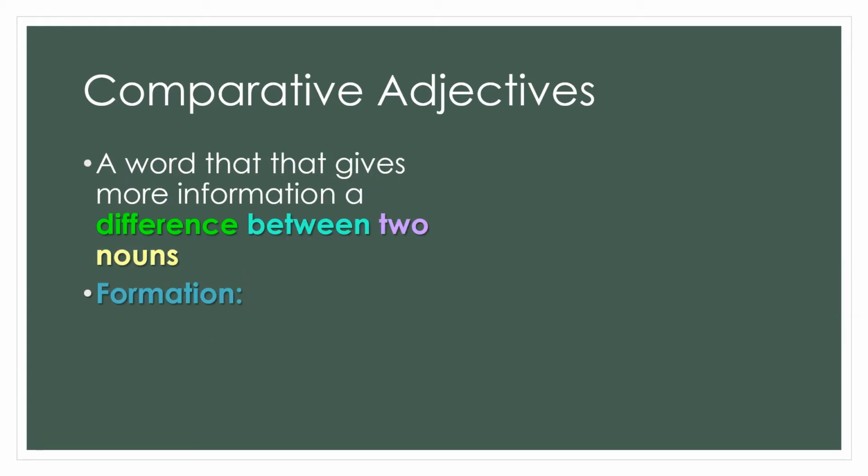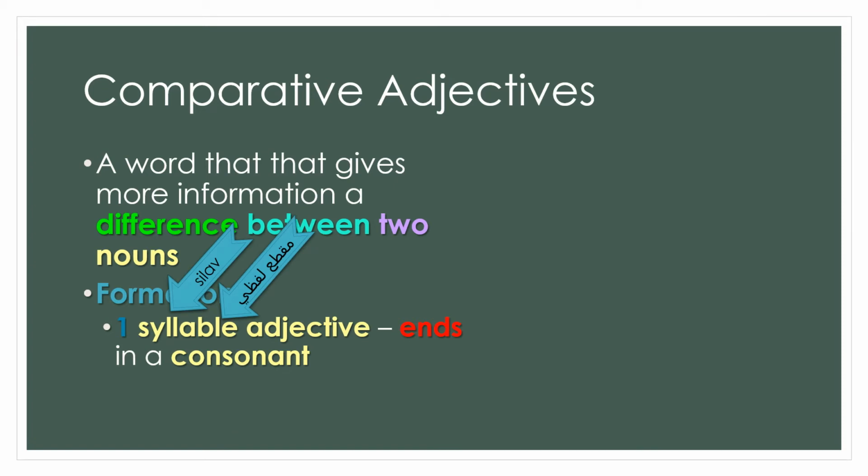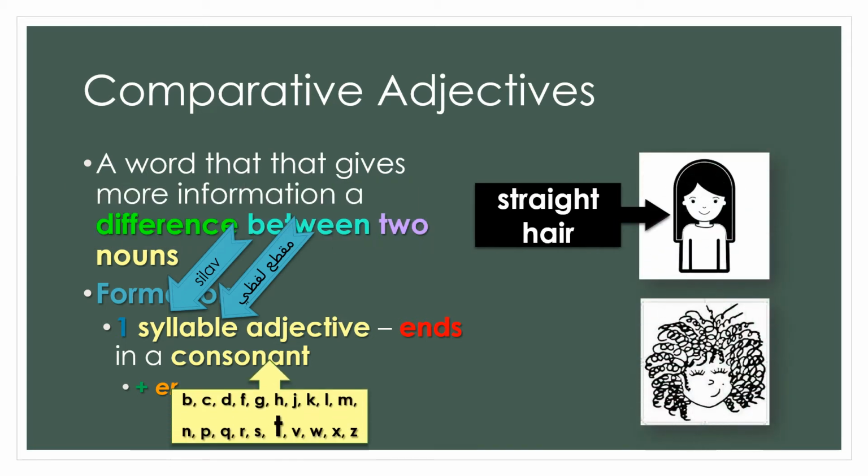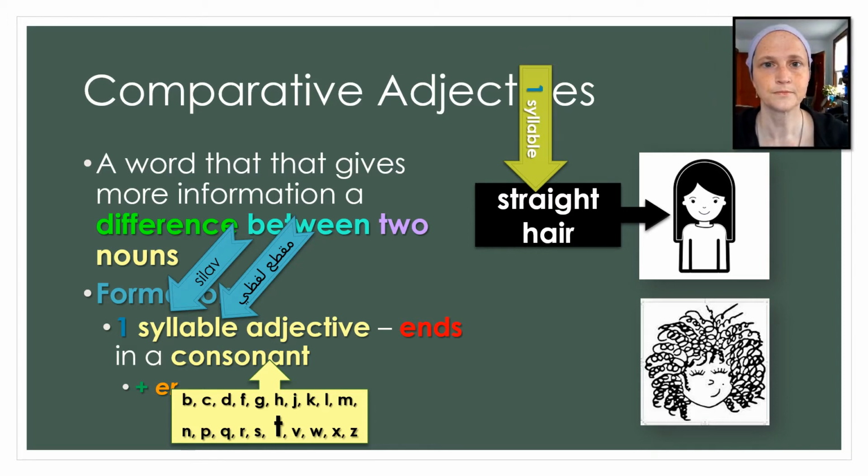If you are forming a one-syllable adjective that ends in a consonant, you just add the letters ER. For example, straight hair. Straight, one syllable.